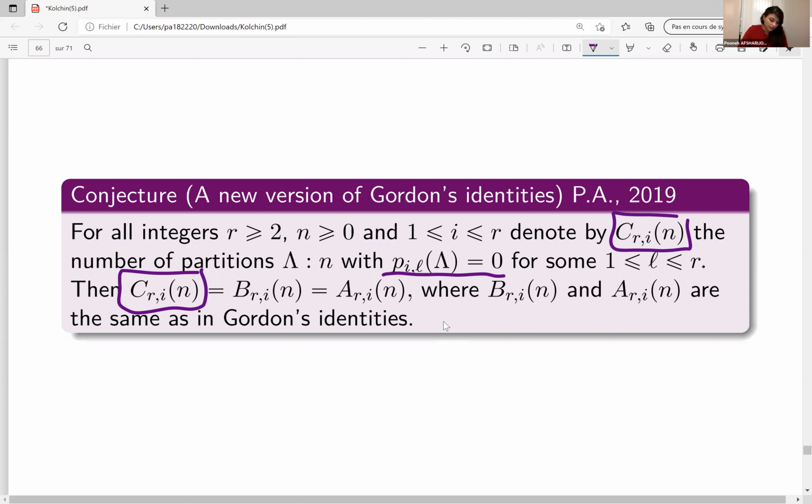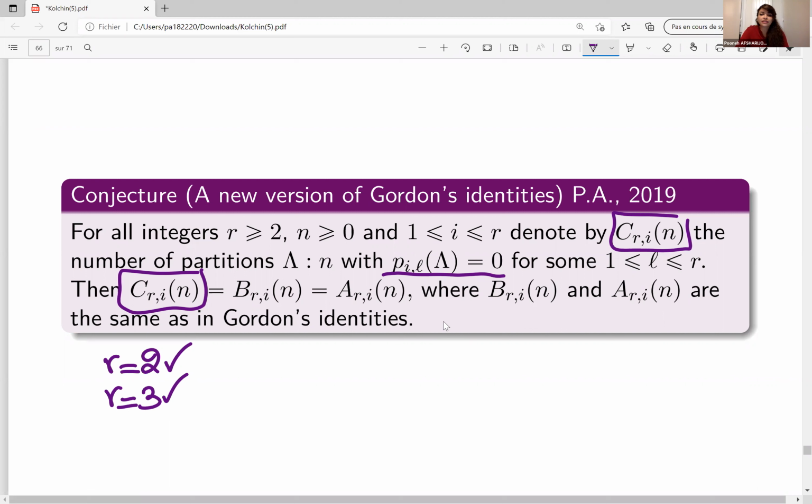We already saw the proof for the case r equal to 2 for the Rogers-Ramanujan identities. For r equal to 3, I also proved it with the second method with Andrews' system. And note that Andrews' system has r plus 1 equations for r. So for 3, we have 4 equations there.